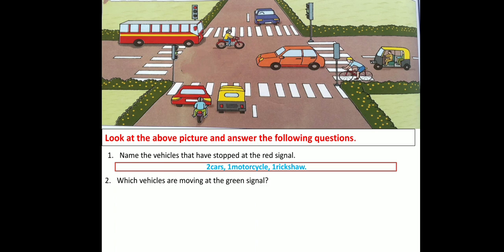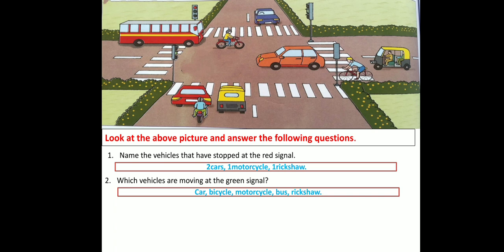The next question is, which vehicles are moving at the green signal? We have the orange car, the bicycle, the motorcycle, the bus and the rickshaw that are moving at the green signal.